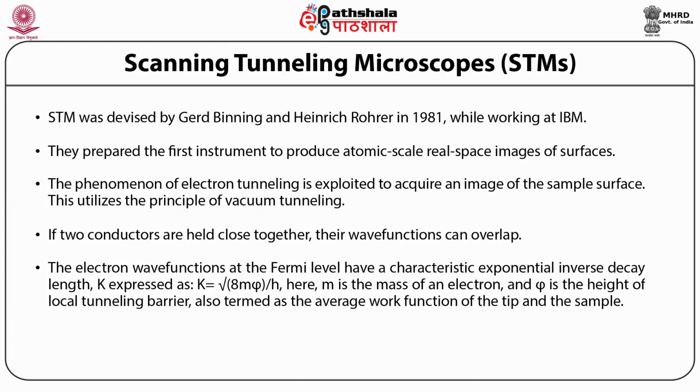Here, m is the mass of the electron and φ is the height of the local tunneling barrier, which is also termed as the average work function of the tip and the sample. The schematic of electron tunneling through a potential barrier in STM, along with the band diagram, is shown in figure 2.